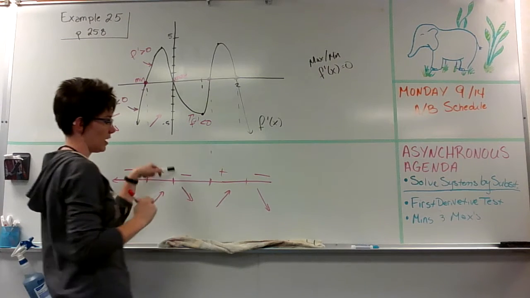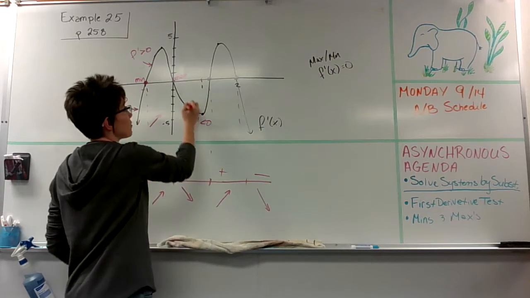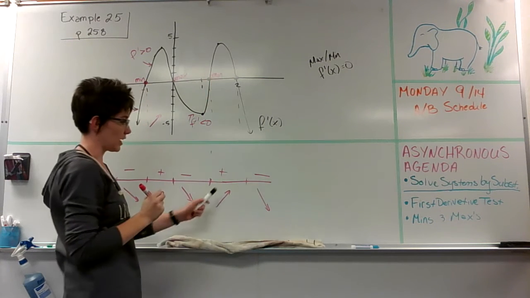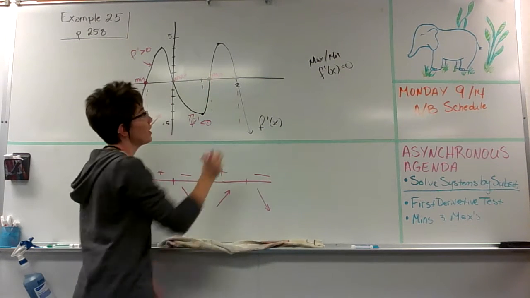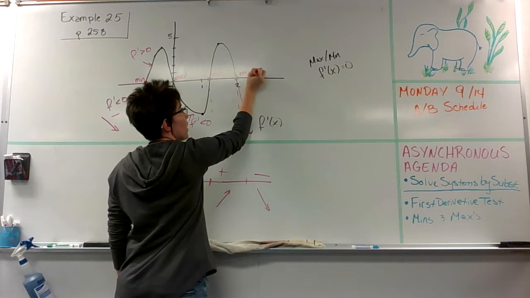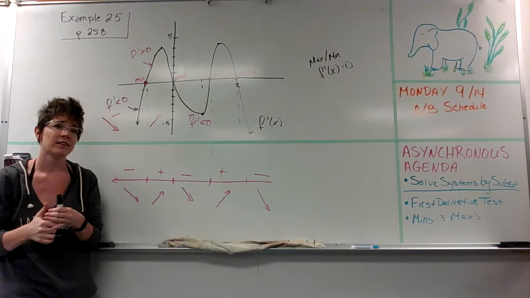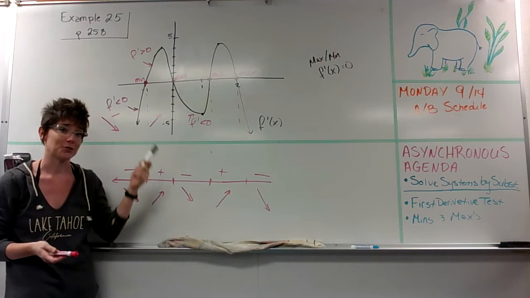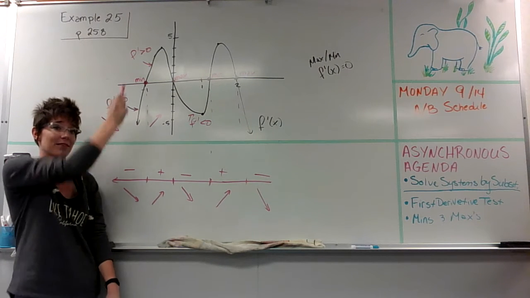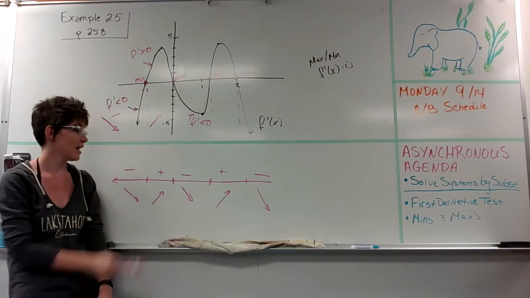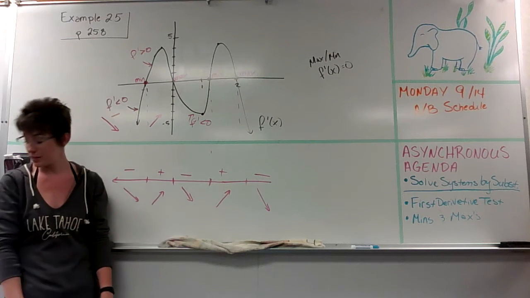Negative to positive, this is a min. Last one is positive to negative, and so this guy is a max. Okay, and again, remember this is your derivative function. So the derivatives are negative, and then the derivatives are positive, or the slopes are negative, and then the slopes are positive. And so that's why I'm getting these shapes.